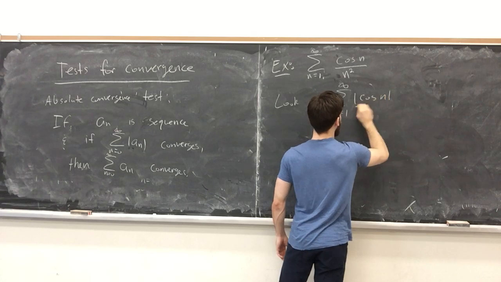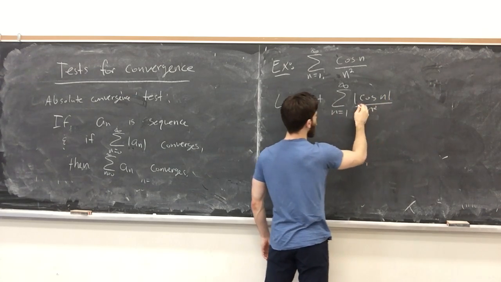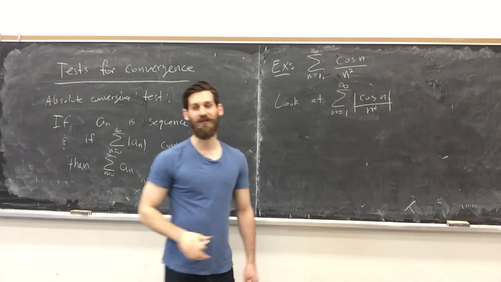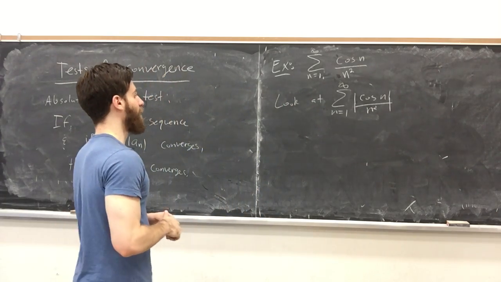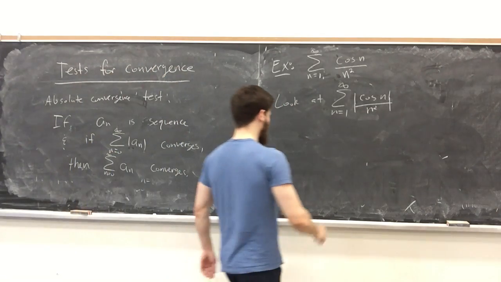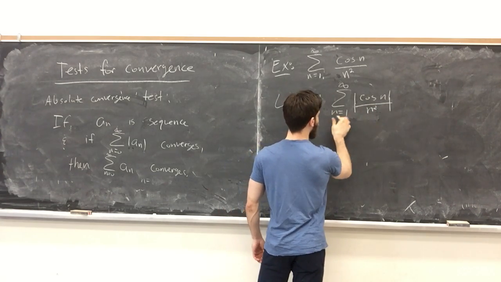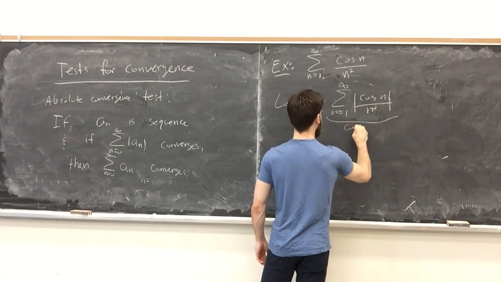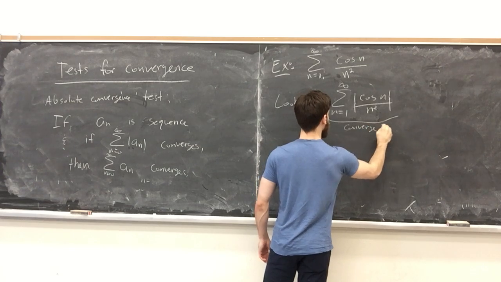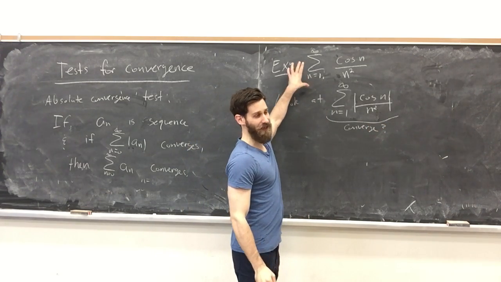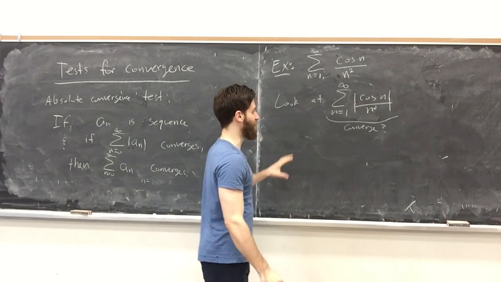So this is just the absolute value of cos n over n squared. I mean, n squared is already positive, so it doesn't matter if I include the absolute value in the denominator. Now, the question is, does this series converge? If it does, then the absolute convergence test will tell us that this series also converges.